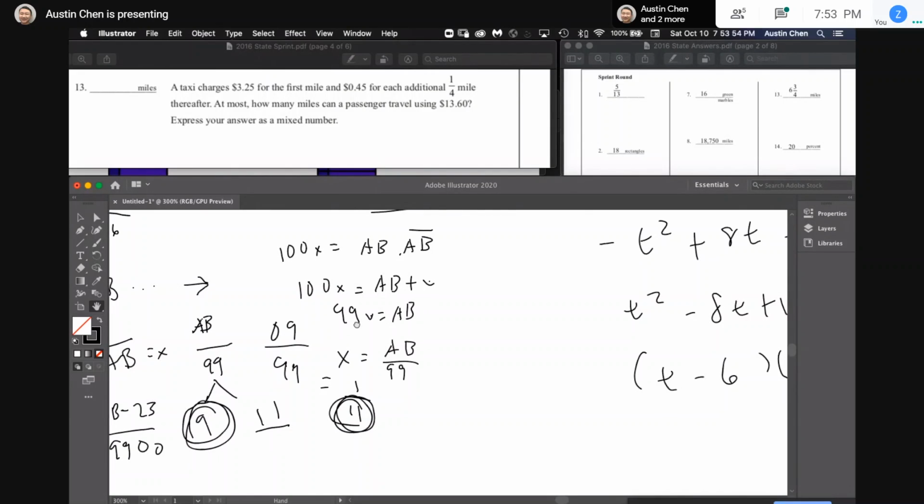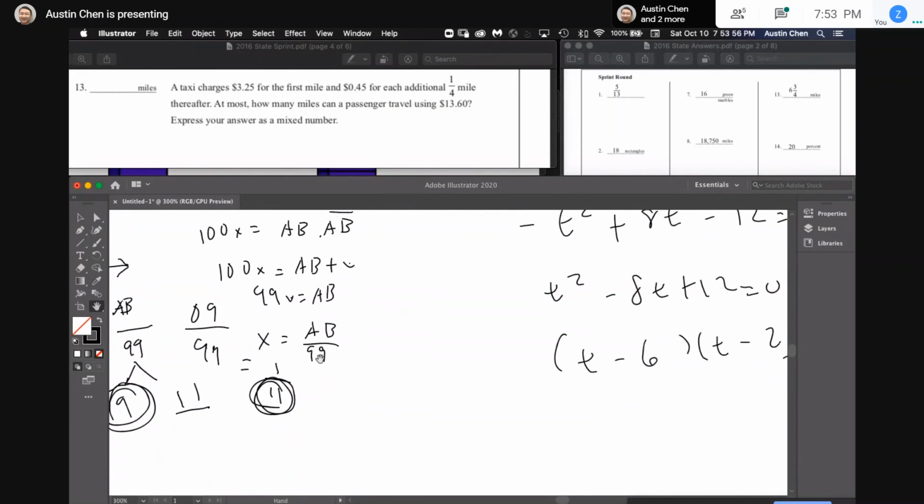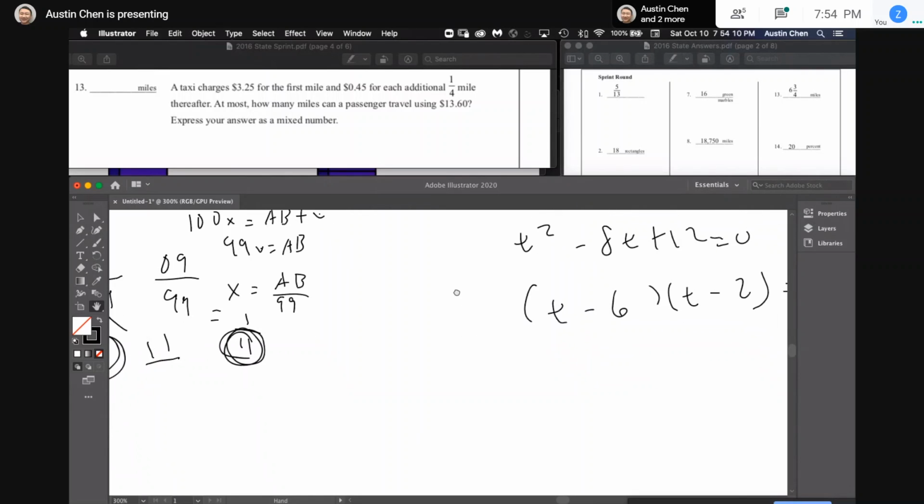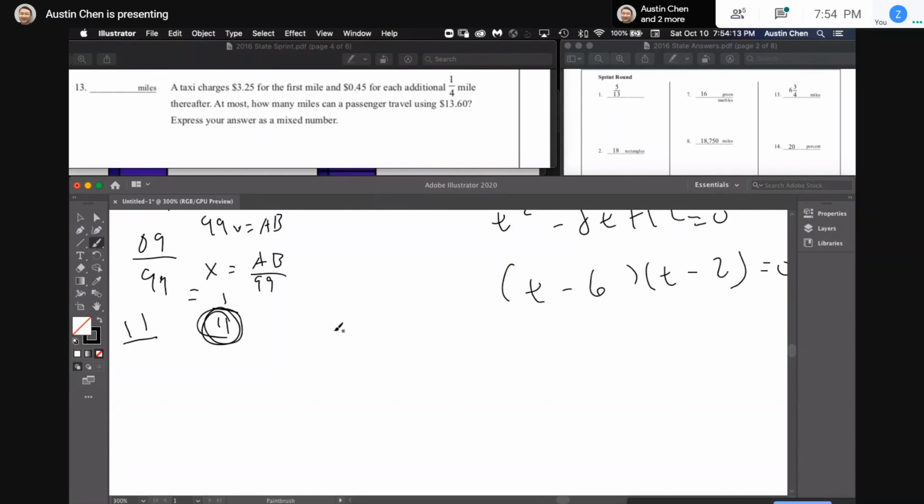All right. Number 13: a taxi charges 3.25 for the first ride and 45 cents for each additional 1/4 mile thereafter. At most, how many miles can a passenger travel using 13.60? Express your answer as a mixed number. So if you're traveling with this taxi, you're first going to pay 3.25.